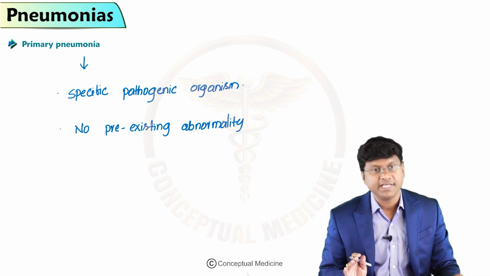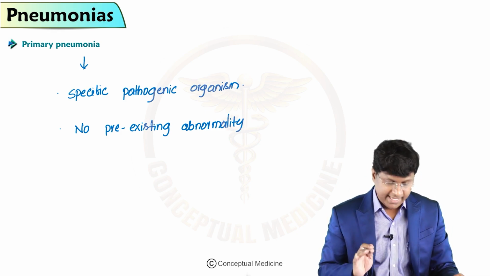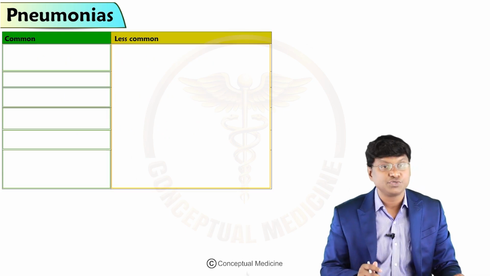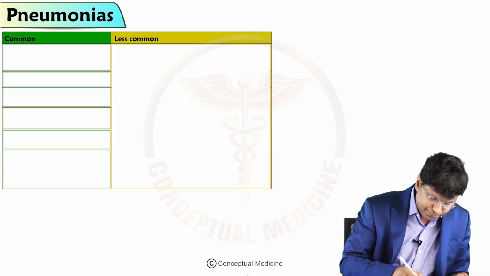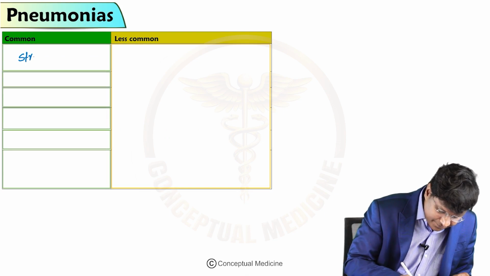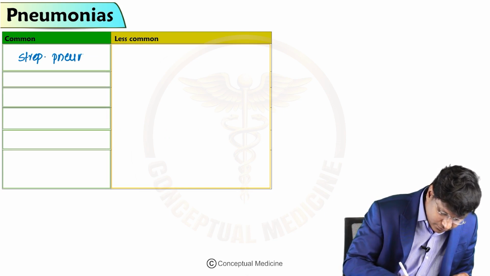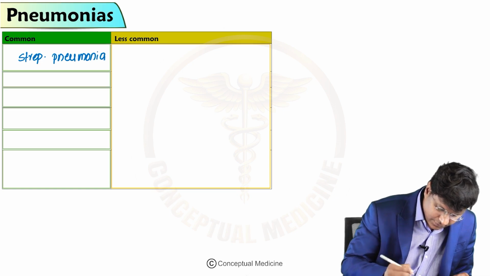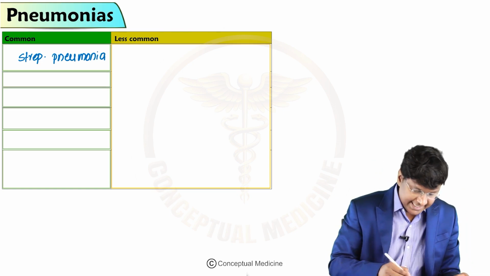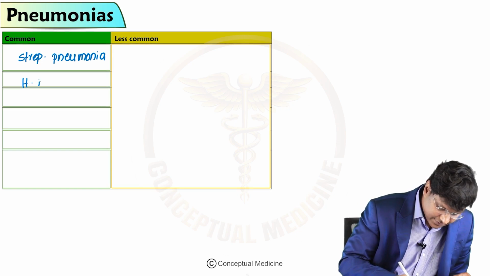That is what you will see in the primary pneumonias. And what are the organisms which will cause the primary pneumonia? The most common organism will be Streptococcus pneumoniae.